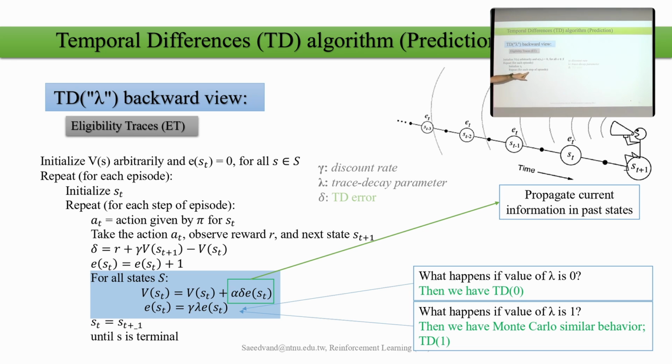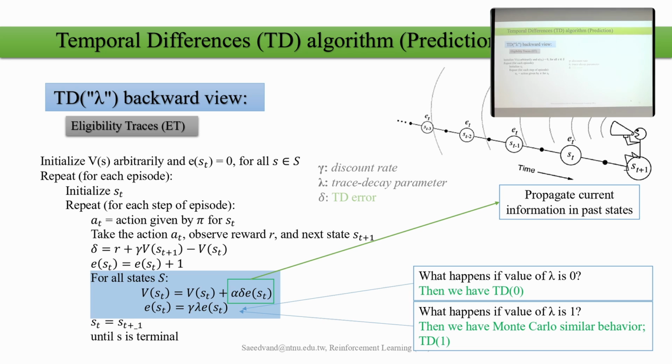Then we repeat for each one of the steps of the episode by first taking the action from the policy that we have. The policy is given because we have prediction. Take the action. When I'm saying take the action, for example, we had a problem like this, with the environment, and actions like left, down, right, left, up, whatever it is.